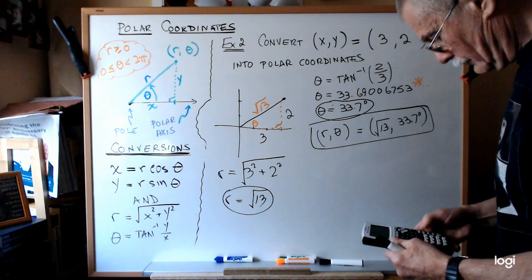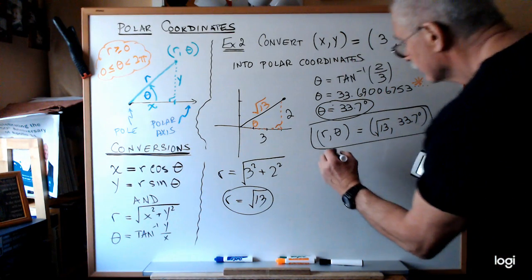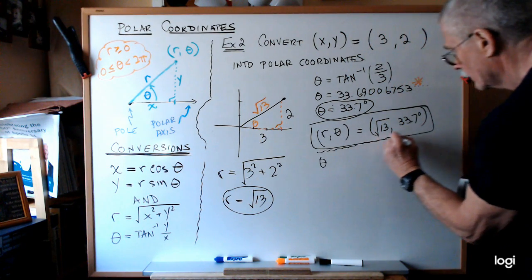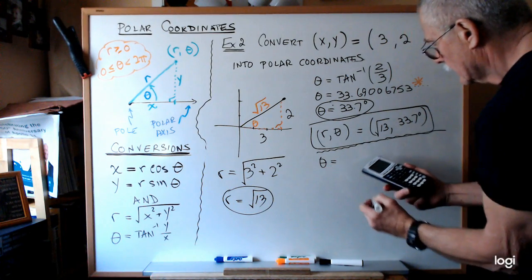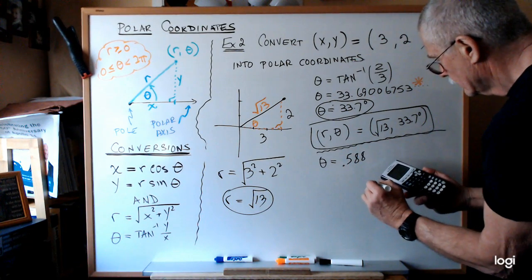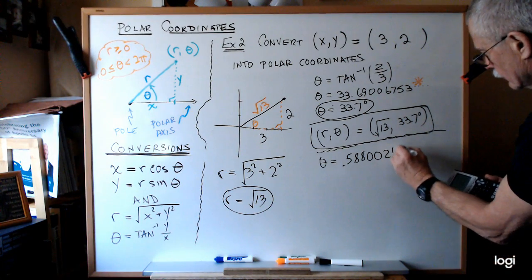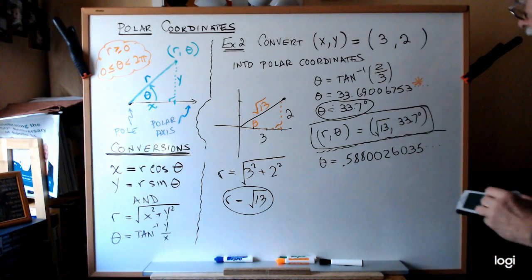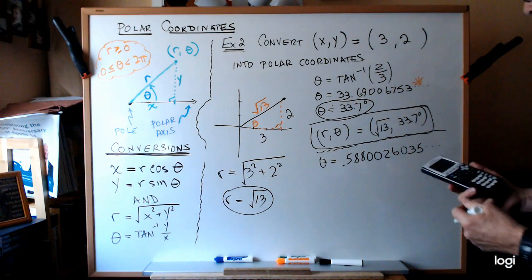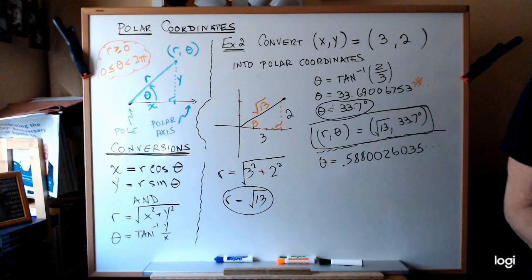Arctan 2 divided by 3, and that gives me theta, let's put a squiggle here to indicate we're doing something a little bit different, equals 0.5880026035, etc. And that would be in radian measure. So if I wanted to write that as an answer, that would be perfectly acceptable.